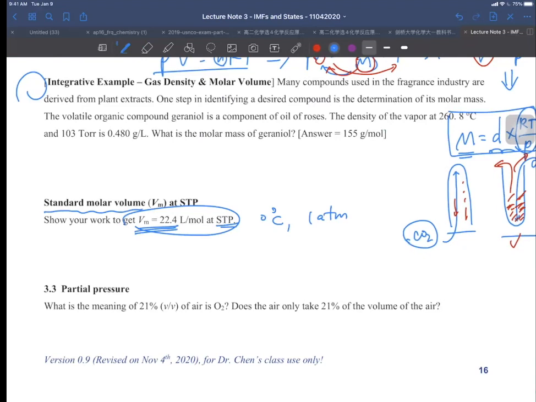Guys, do the calculation by yourself, because Vm equals V over n, and based on PV = nRT, V over n equals RT over P. So you can put the values, the 1 atm and the 0 degrees Celsius, in to get the 22.4, okay?